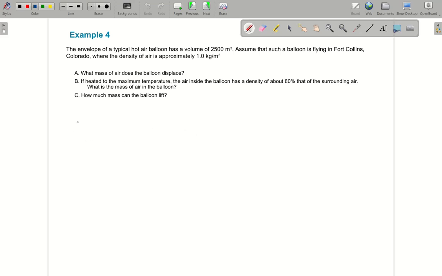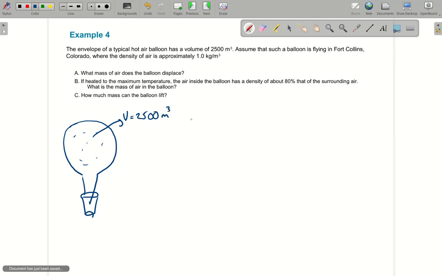We have a hot air balloon here. I'm going to draw an ugly picture. All right. Hot air balloon. It has air inside it. And that volume of air is given to us, 2,500 meter cube.